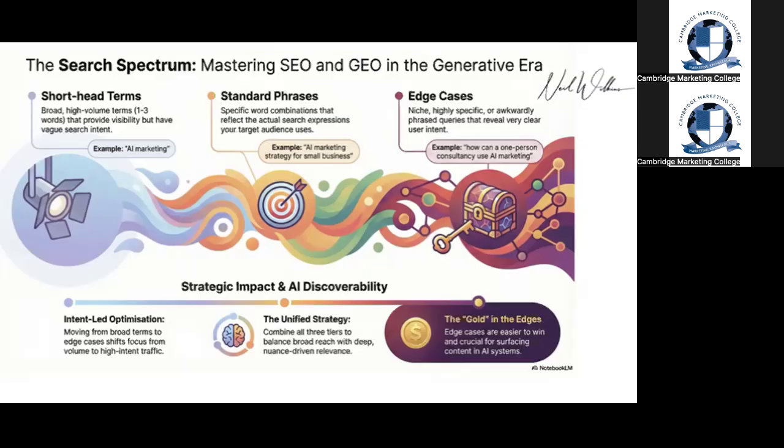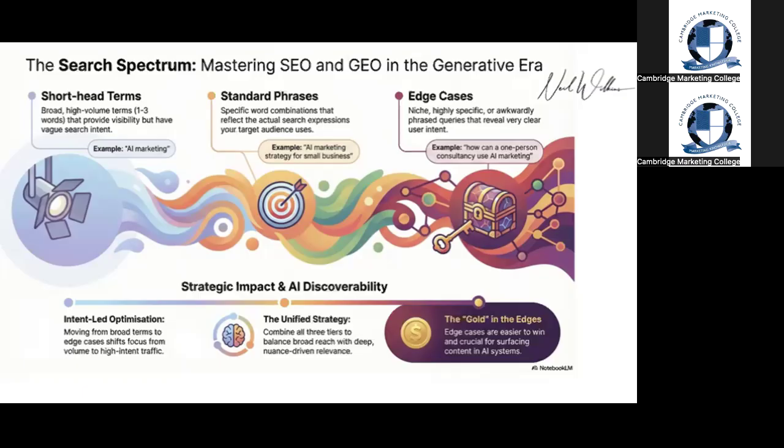So when we say short head terms, we're not looking now at broad, high volume terms, this kind of vague search intent. We're going to things that are much more intentional, specific word combinations that reflect the actual search expressions that the target audience uses, and then moving to something that's a lot more niche, these things that are called edge cases, where they're highly specific terms, which shows really strong and clear intention from the user or from the searcher.